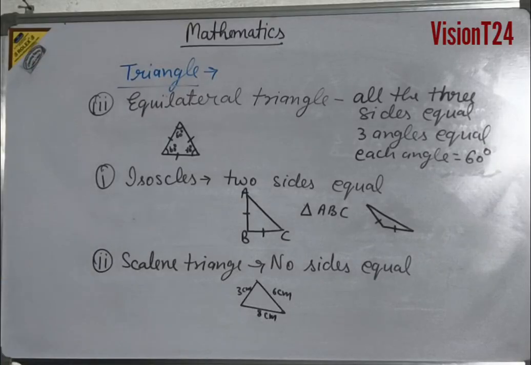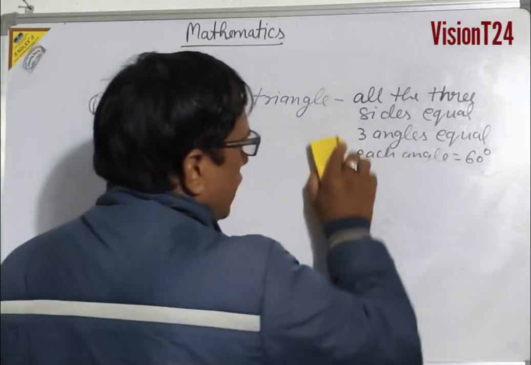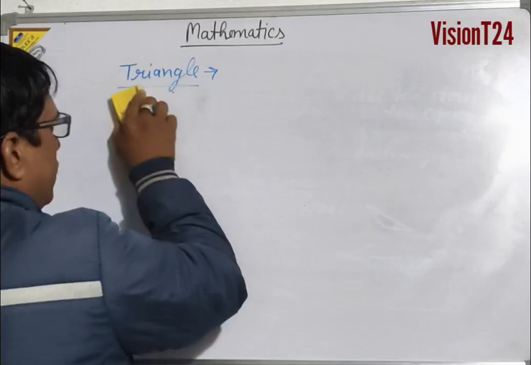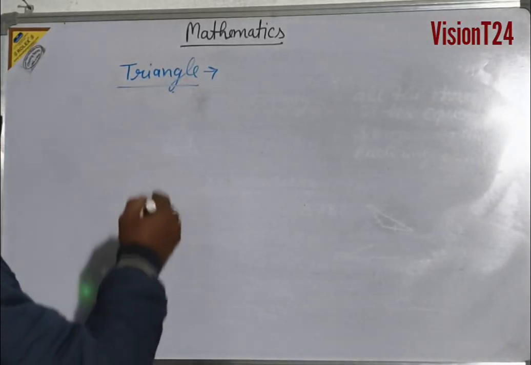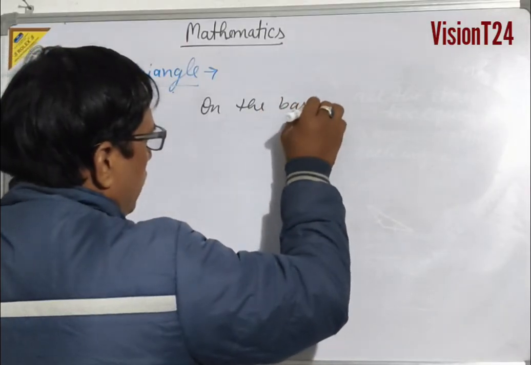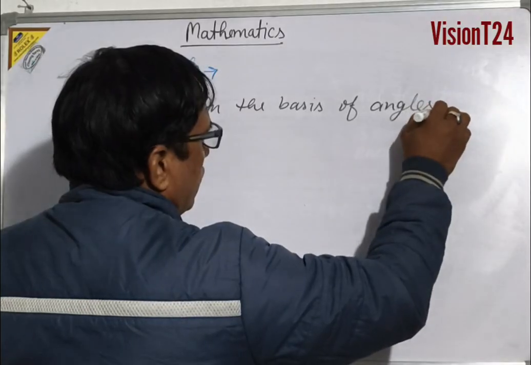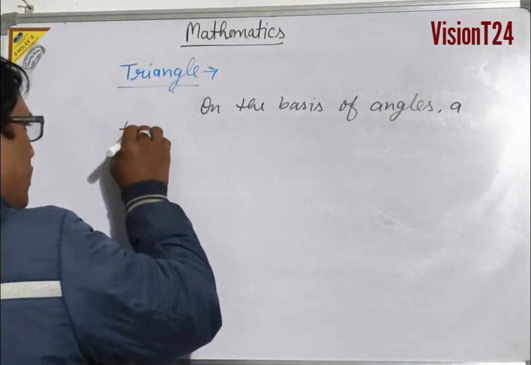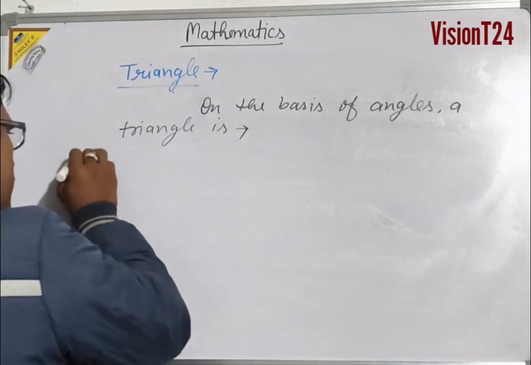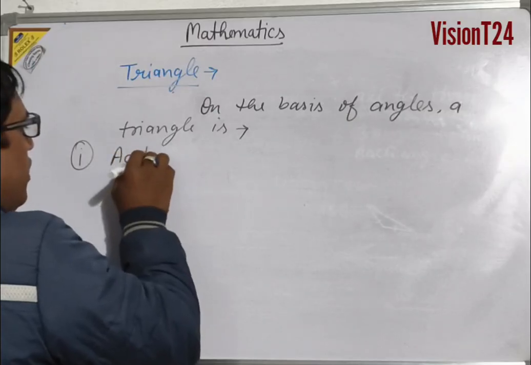Understood? Okay. Let me move to the next. Next type of triangle that will be on the basis of angles. On the basis of angles, a triangle is how? First one that will be called acute angle triangle.